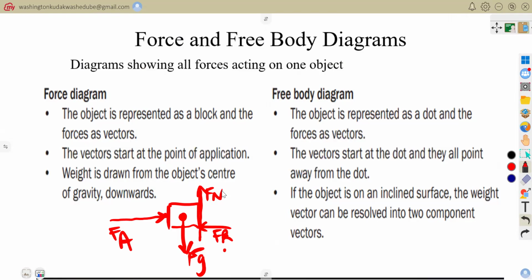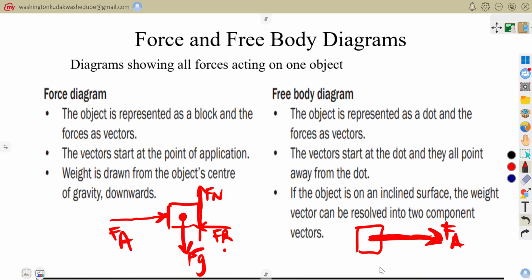So either way is just the same thing. We are applying the force on the center and it is directed in that direction, so I would have my applied force in that direction.